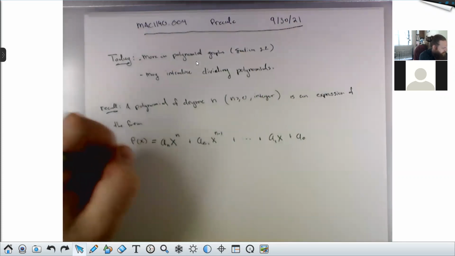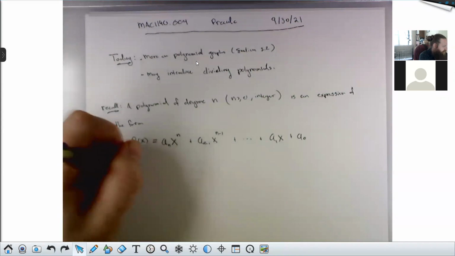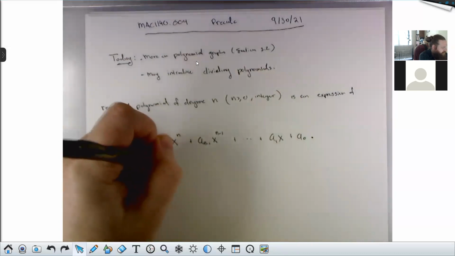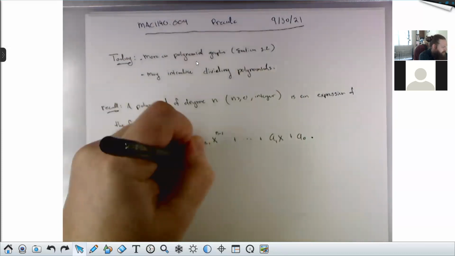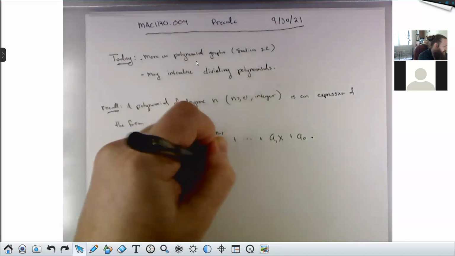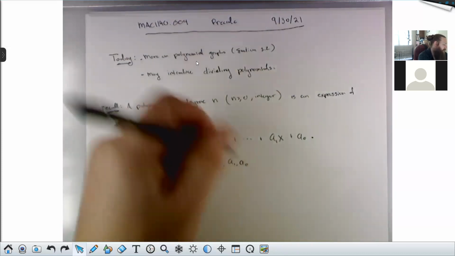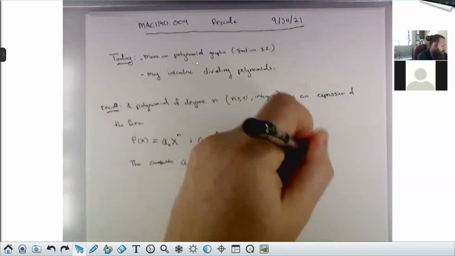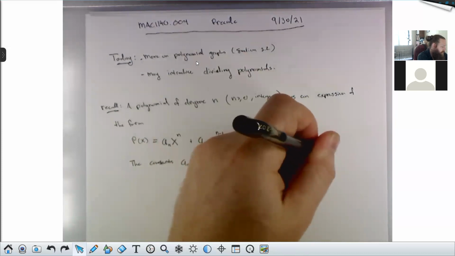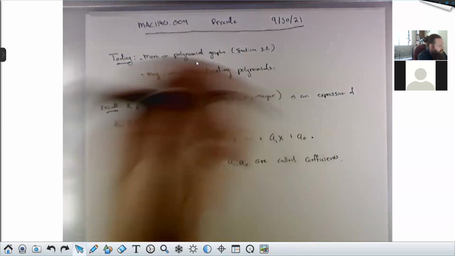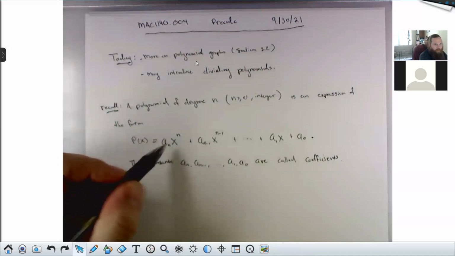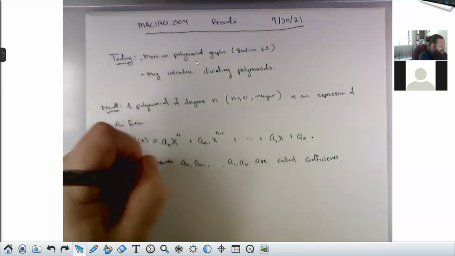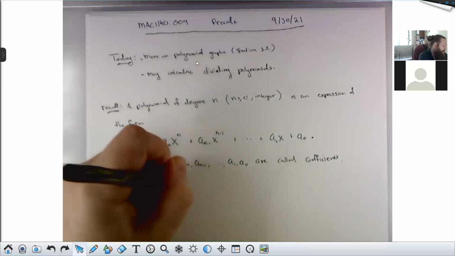So here, the numbers, the constants a_n, a_(n-1), and so on, are called coefficients. a_n, the coefficient of the largest power of x, has a special name. a_n is called the lead coefficient.